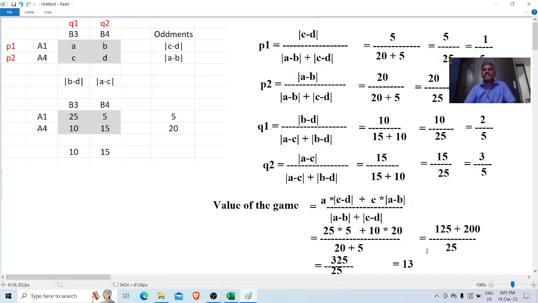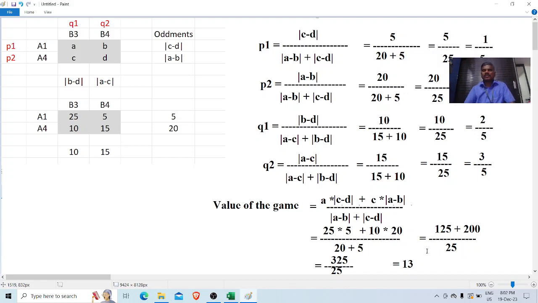For the mixed strategy, we need to identify the probabilities with which the players have to use these strategies. The probabilities are P1, P2, Q1 and Q2.